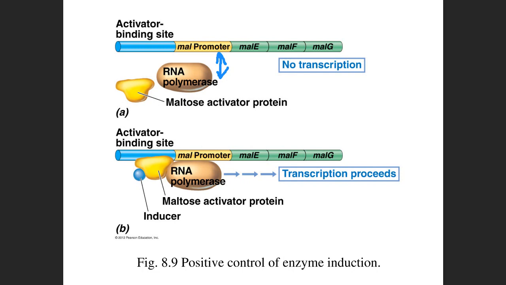So the two points I want to make, or questions: what molecule should be the inducer? Anyone want to guess? What molecule would you use as an inducer to turn on the maltose promoter?